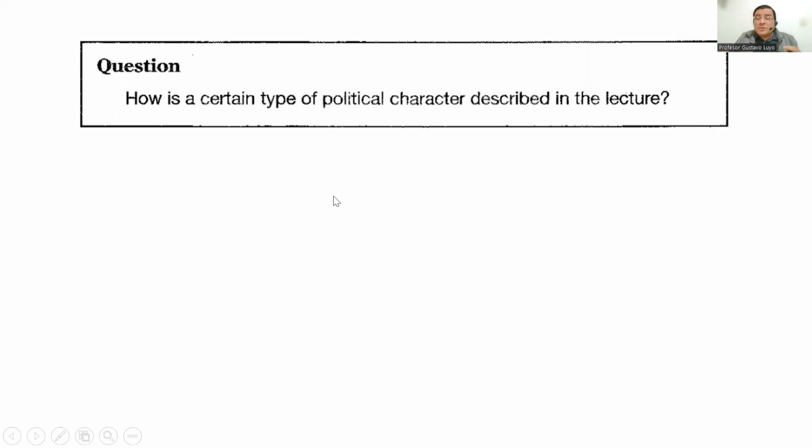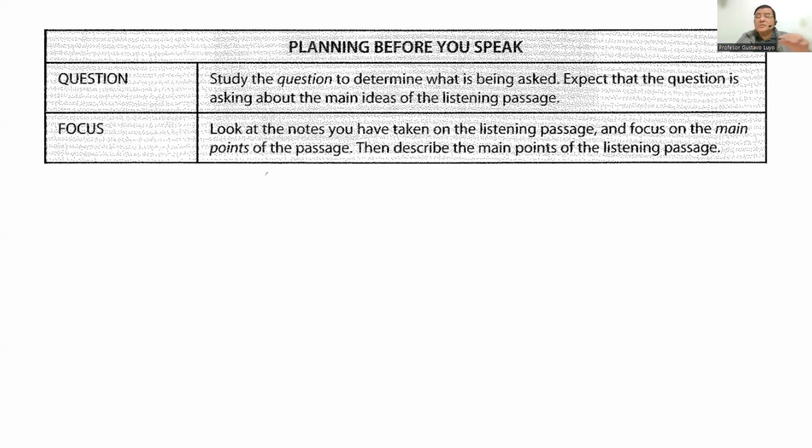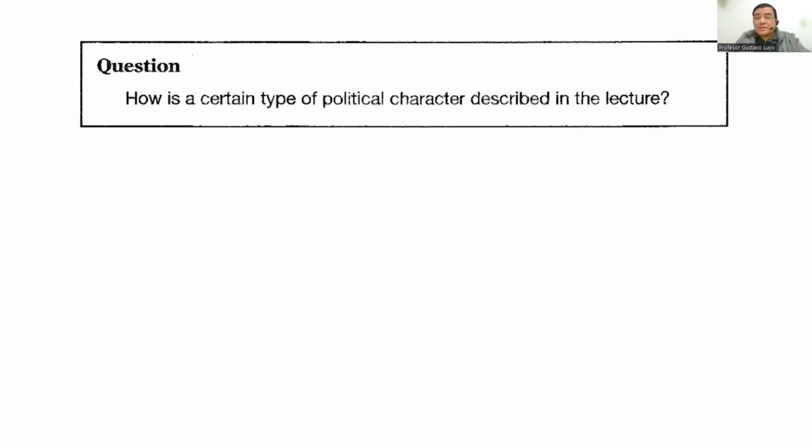So how do we prepare to answer this question using the notes we already have? We need to identify something important in the text of this question. First, you need to know exactly what they're asking. So it's usually about the main ideas. In this case, they mention a political character.